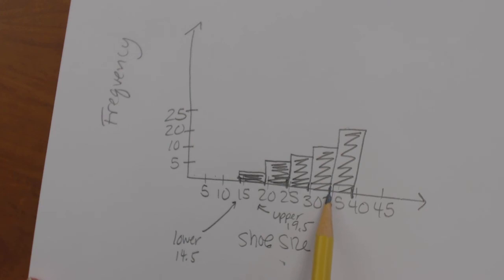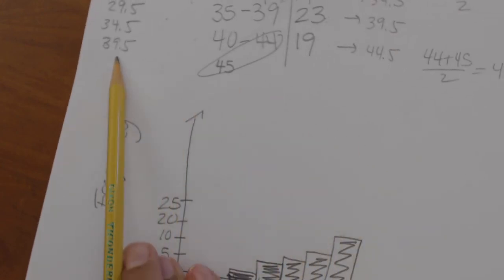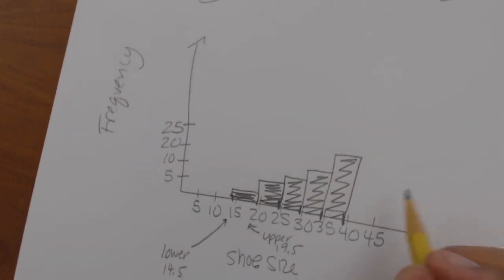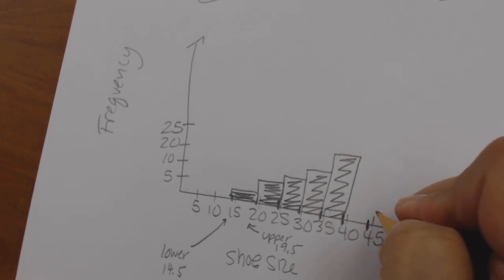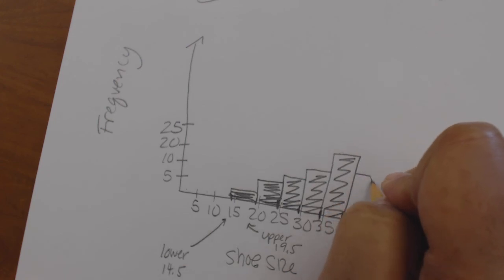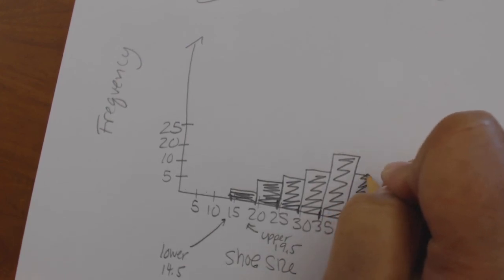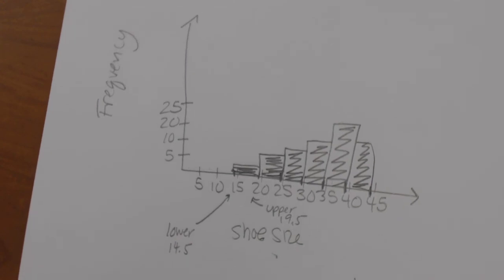I started at 34.5. I'm going to 39.5. And now I'm going to be going from 39.5 to 44.5, which is my last one. And my upper boundary was 44.5. And I'm going to go to a height of 19. There we go. And there is my histogram.